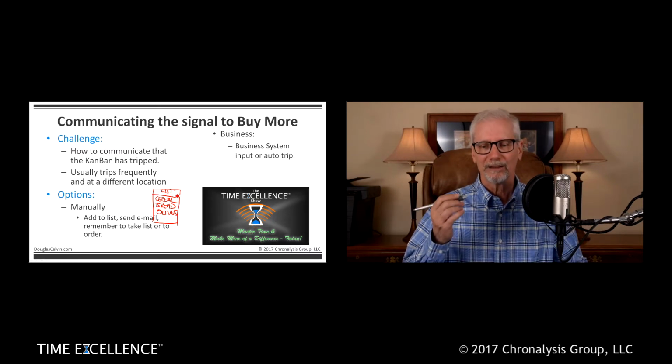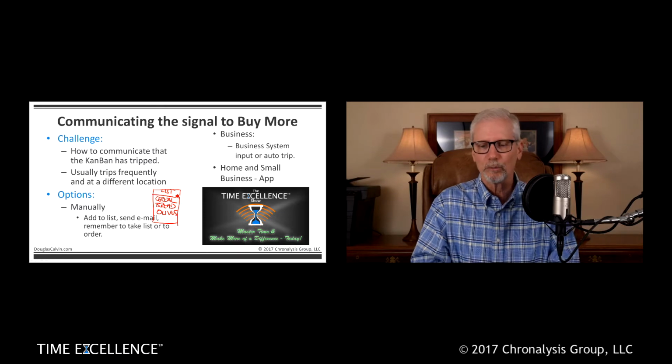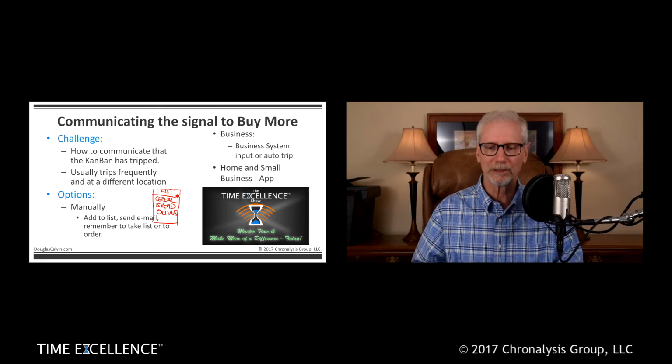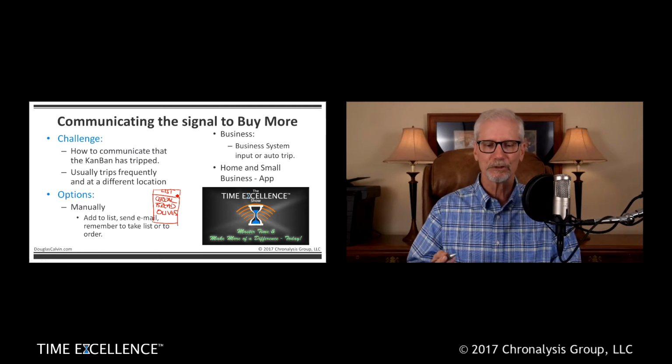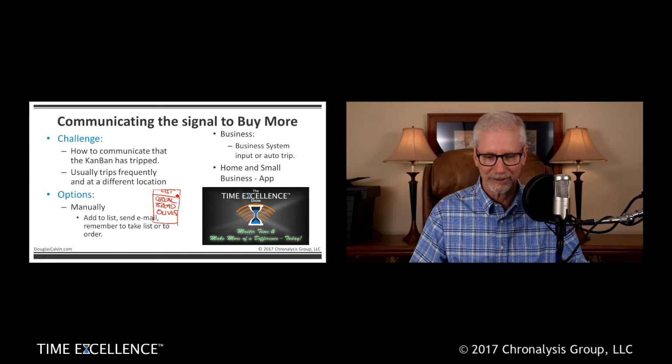So with that, we want to talk about a solution that might work for homes and for small businesses. This is one that I've found extremely effective, and you can see why, because that signal is effectively listed and communicated to everyone.